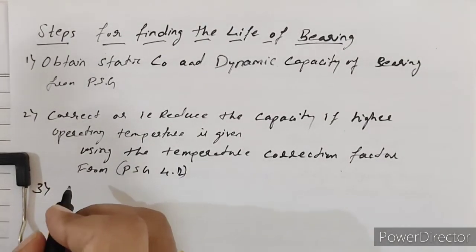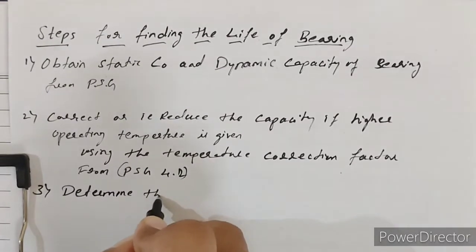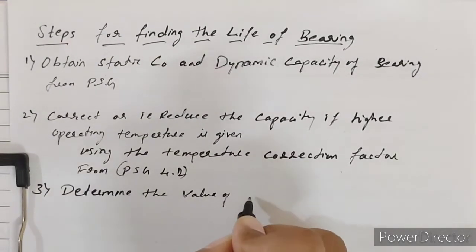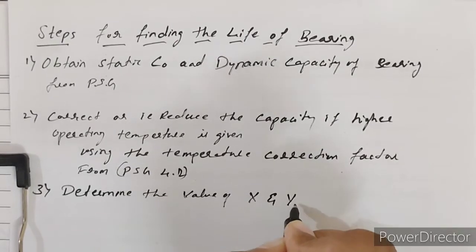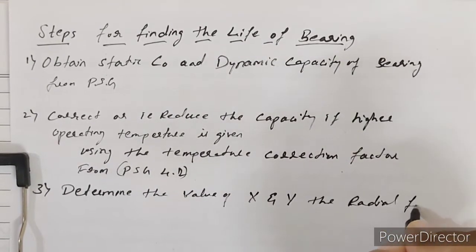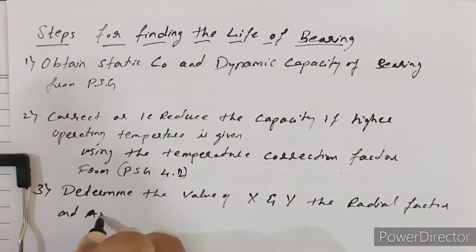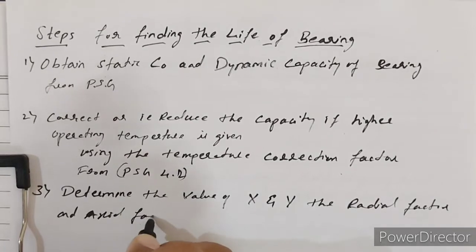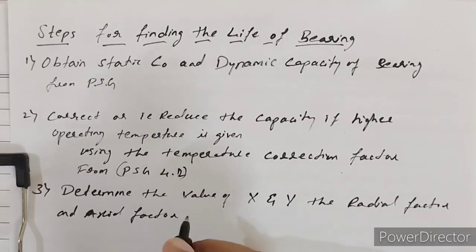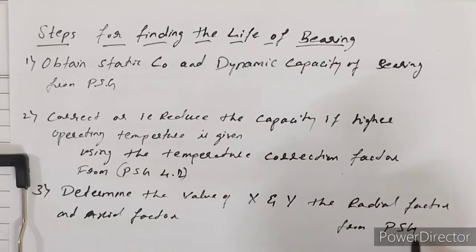Then third step, here we are going to determine X and Y, which are the radial factor and axial factor. So we know that the axial factor of a deep groove ball bearing depends on the ratio of FA by FR on PSG 4.4.